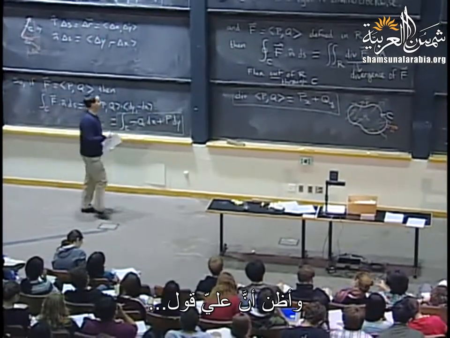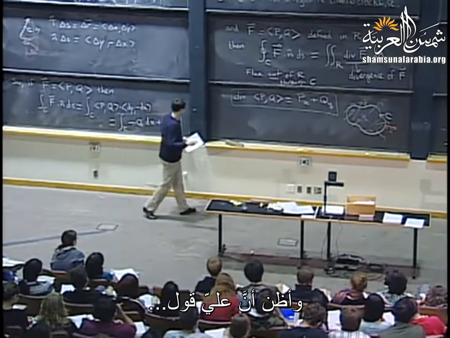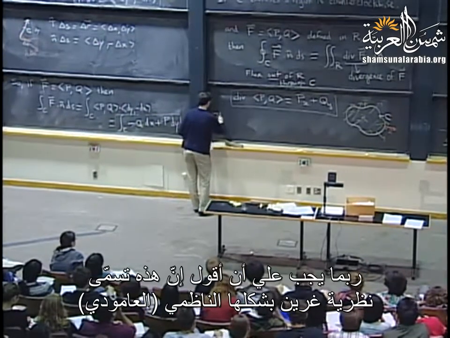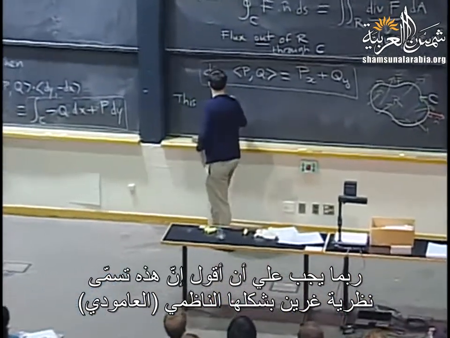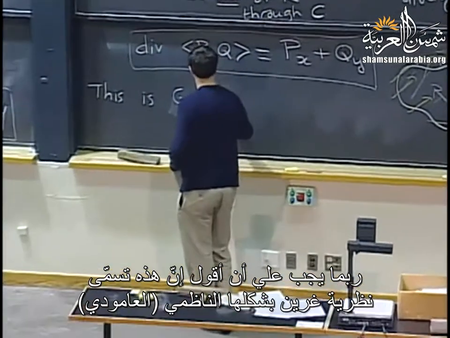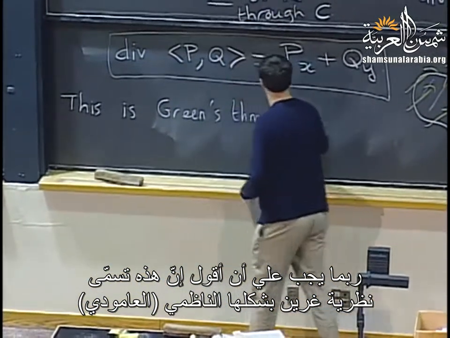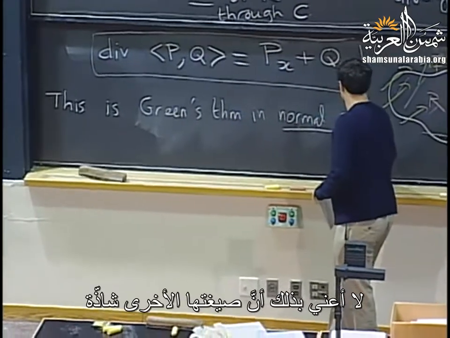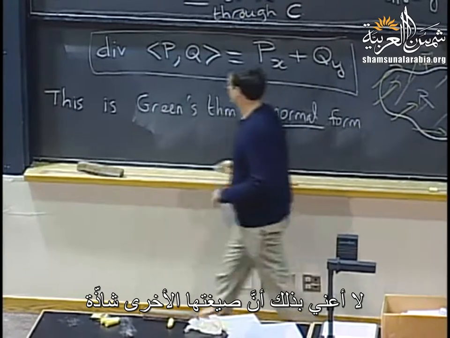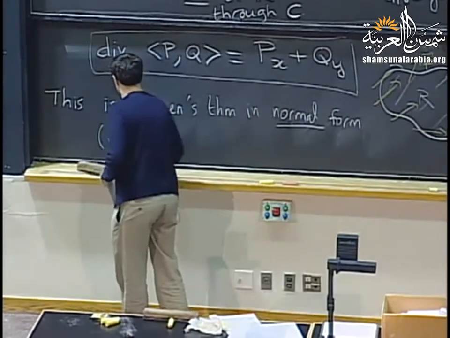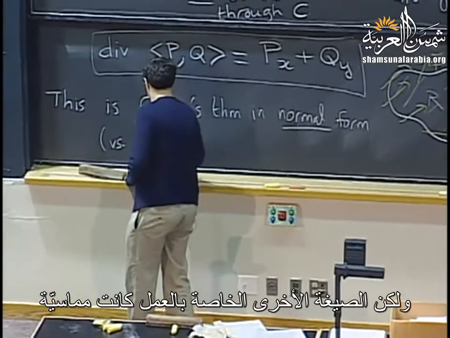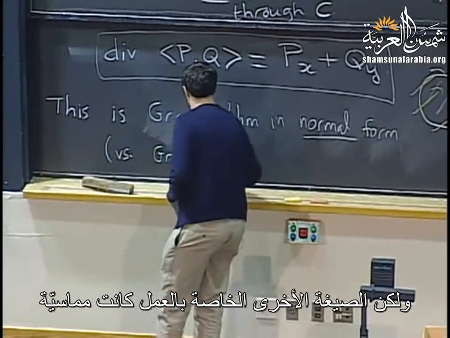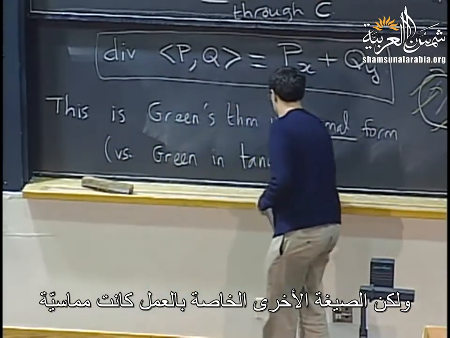So actually I should say, sorry, maybe I should say, this is called Green's theorem in normal form also. So not that the other one is abnormal, but just that, you know, the old one for work was, you could say, in tangential form.